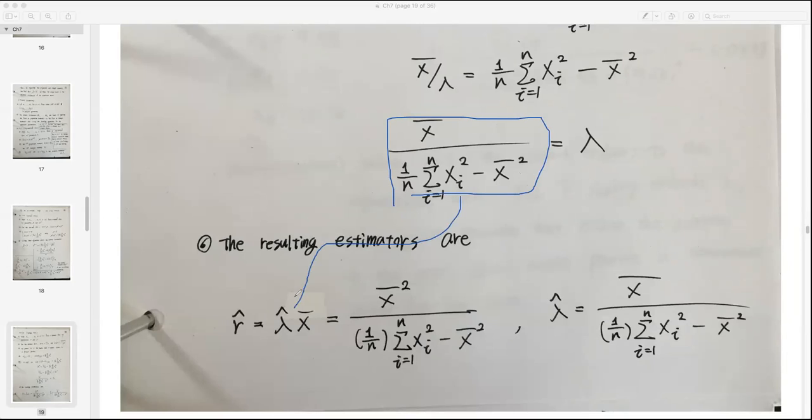We figured out r equals lambda times x bar, right? So replacing r by r hat and lambda by lambda hat, we got this, and plugging this into lambda hat, we get this. That's the moment estimator of r, which is r hat.